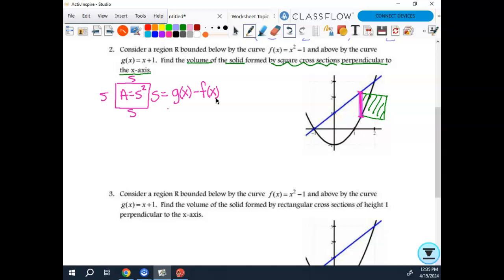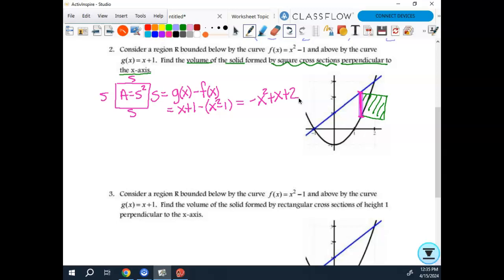And g of x is x plus 1 minus f of x, which is x squared minus 1. And that's going to give me negative x squared plus x plus 2, which is what we integrated up there just a second ago.